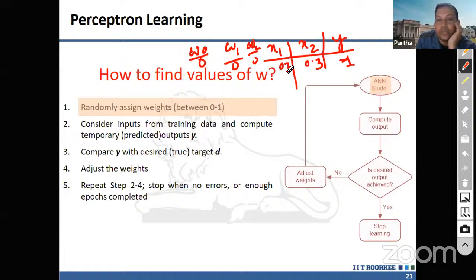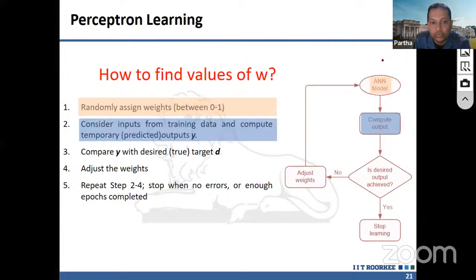So w0, w1, w2 are all 0. If we multiply these weights with these features, the prediction depends on whether the total sum is positive or negative. If the total sum is positive, that means the outcome is positive, and my weight values are correct.